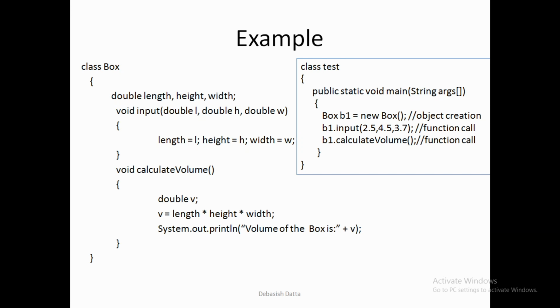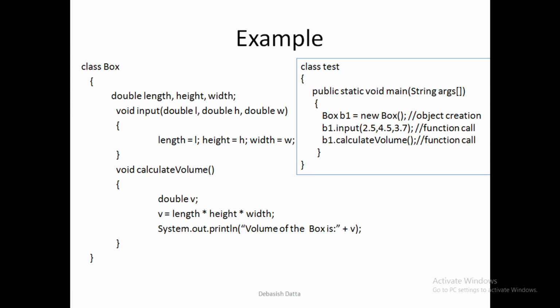So now B1 has the length equal to 2.5, whichever unit it may be, height equal to 4.5 and width equal to 3.7.